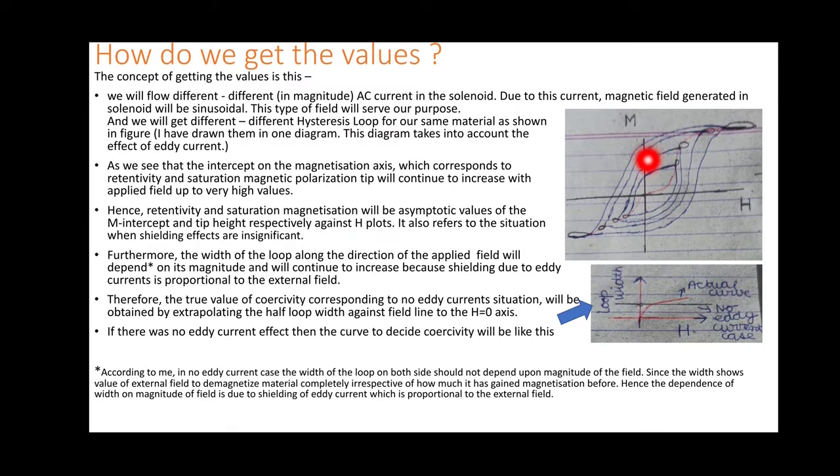This is the remnant magnetization, and the same as we increase the magnetic field, as we draw for one type of magnetic field, and second, third and fourth, we will see that as the magnitude of the magnetic field increases, this tip goes to a limiting value, which is the asymptotic value on the tip height versus H plot, and then we will get the saturation point.